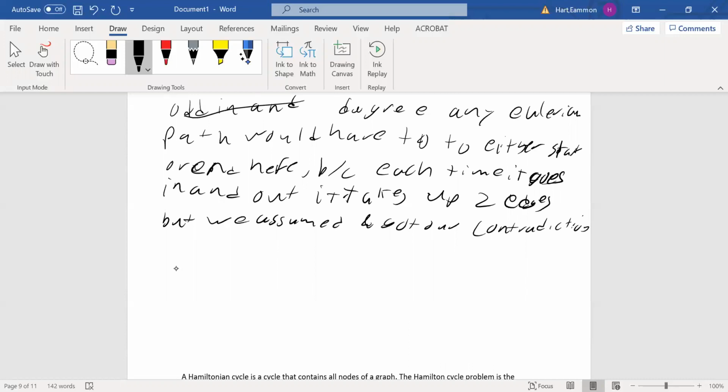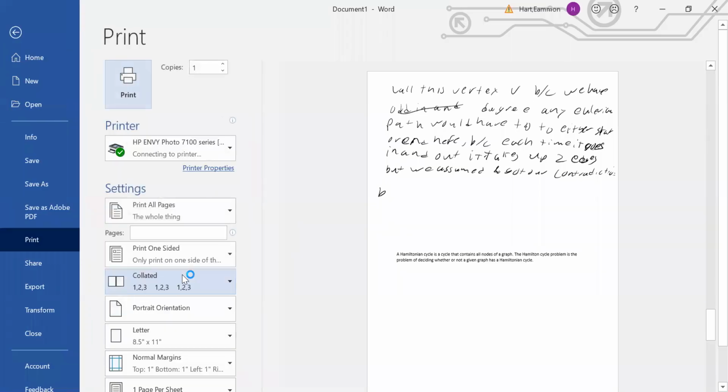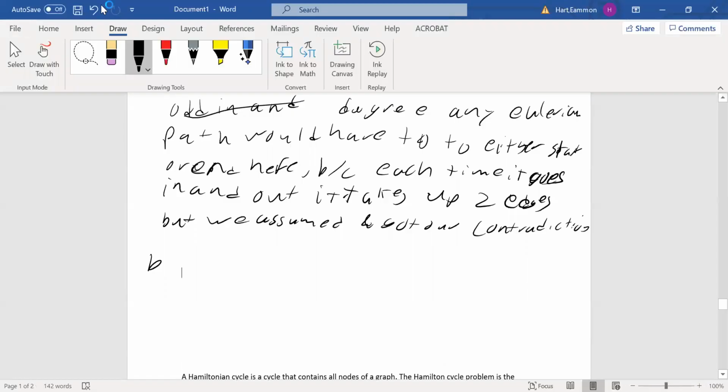So, proof of B. B is going to be a similar idea. Basically, we start at a point of odd degree.